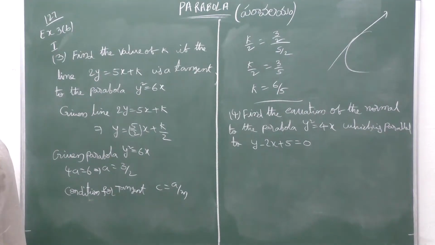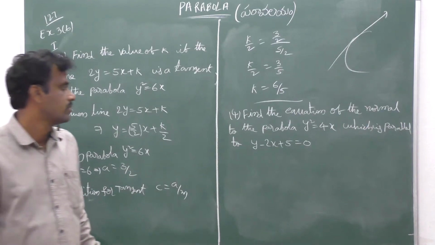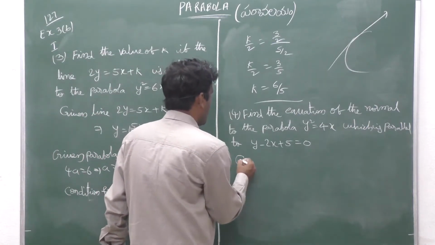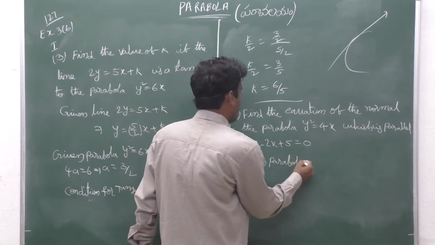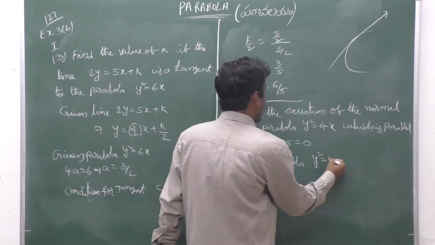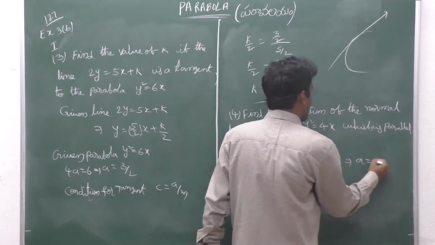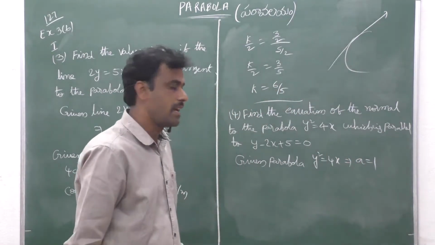That is an example already discussed about the topic. Y equal to mx minus 2am minus am cube. Given parabola y square equal 4x, that implies a equal to 1.